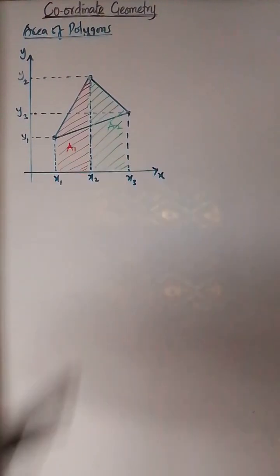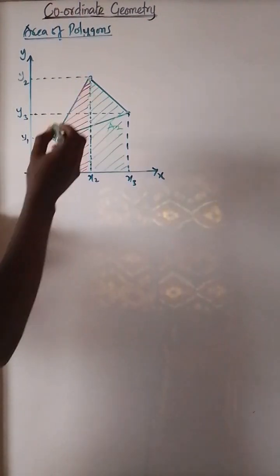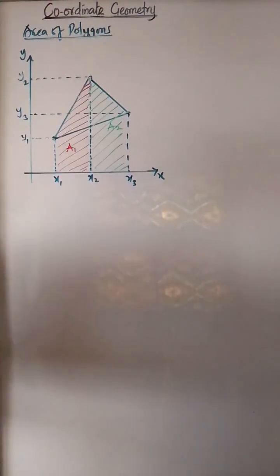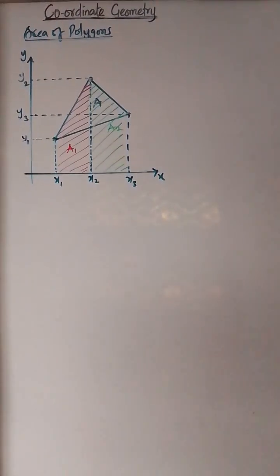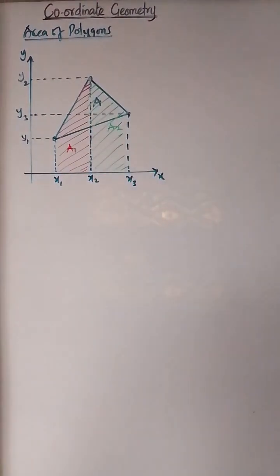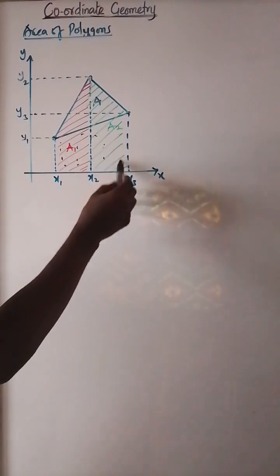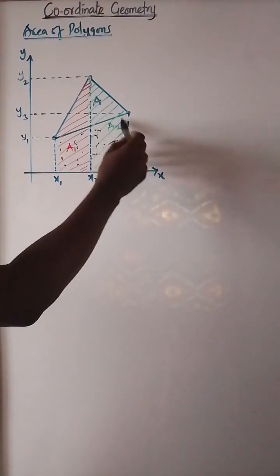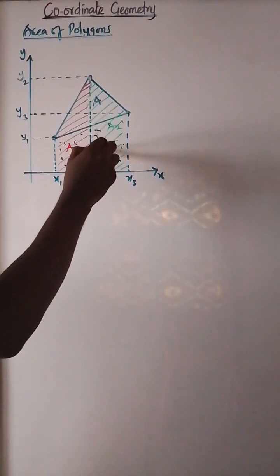So if we add A1 and A2 together, the area of the triangle itself, let's call it A, with blue ink. Then we still have an extra trapezium here, with black dots. Let's call that, everything together here, A3.